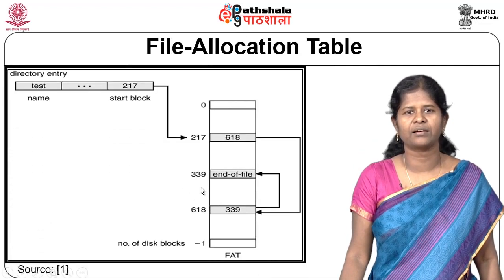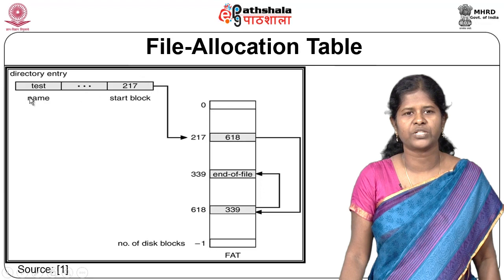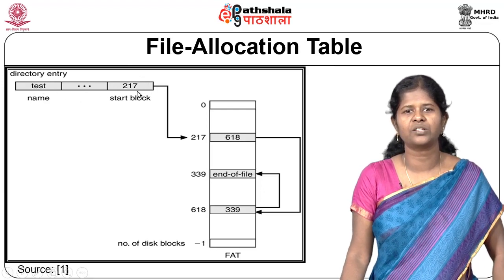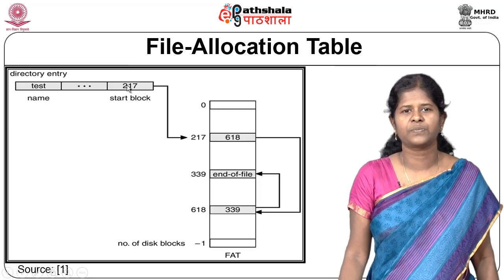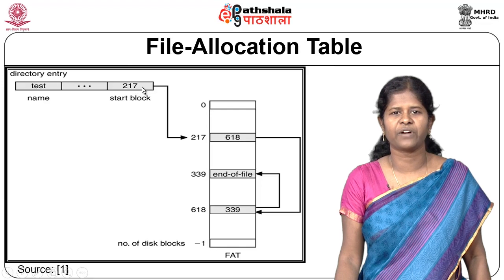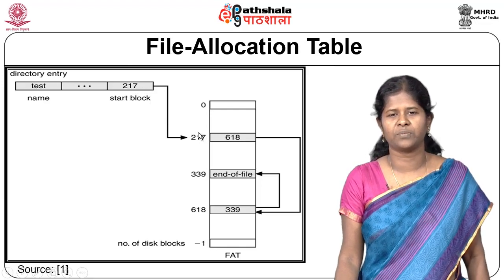You can see this diagram of the file allocation table. Here there is a directory entry which has the name of the file, and it also has the address of the starting disk block. The first disk block for this file is 217, that is, disk block number 217.